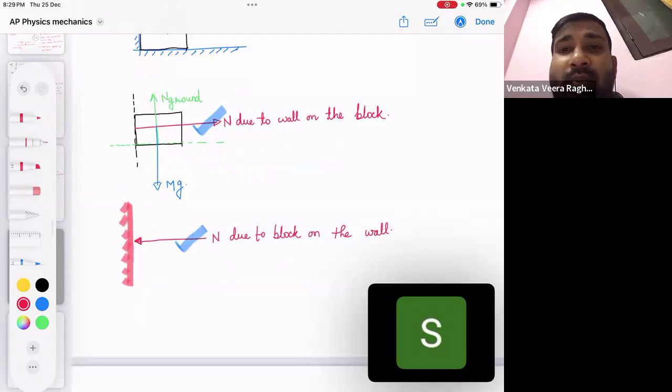Can you tell me what is going to be the reaction of this force, and where will that reaction be acting?